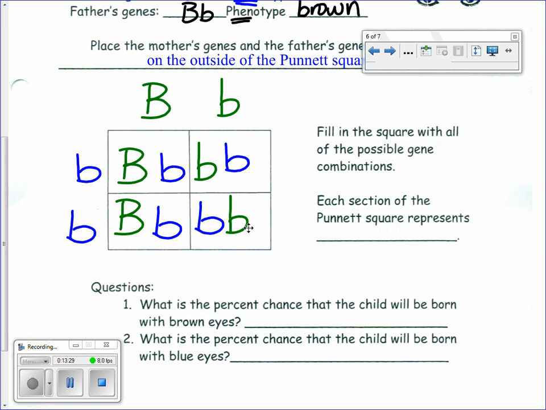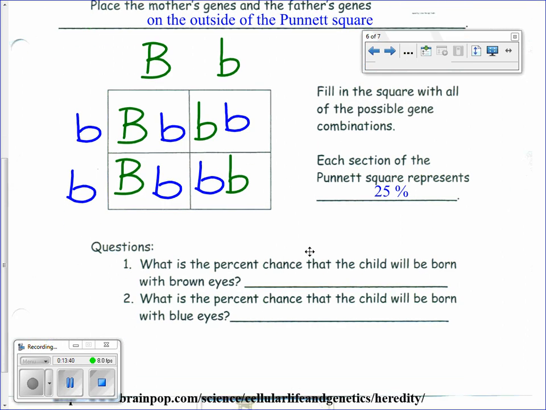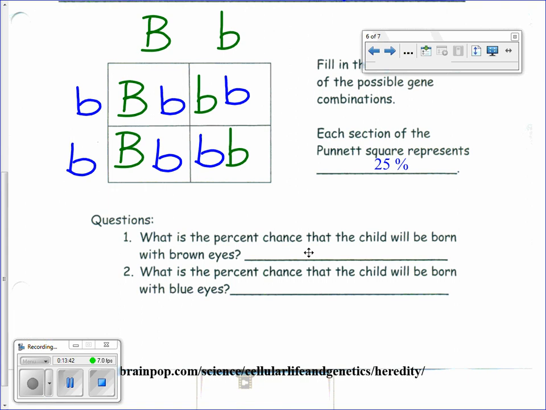All right, we're filling in the possible combinations, and we notice that each box represents what percent? 25%. Somebody tell me the fraction that it represents. 1/4. Good job. The percent chance that the child will be born with brown eyes? What percent will have brown eyes? Well, let's look. What color are these eyes?